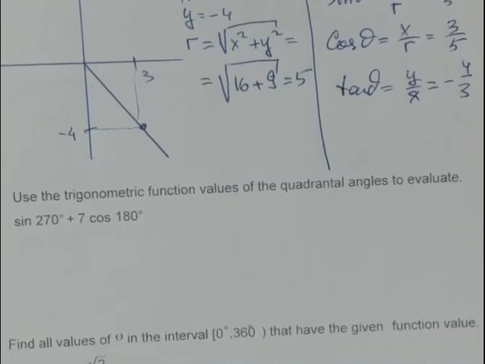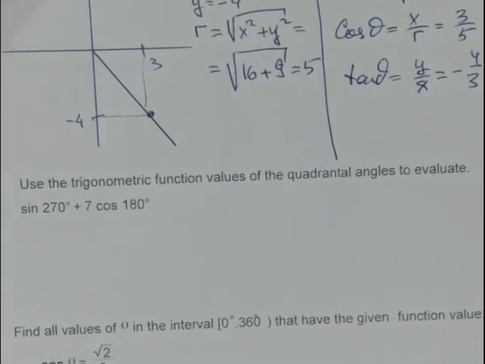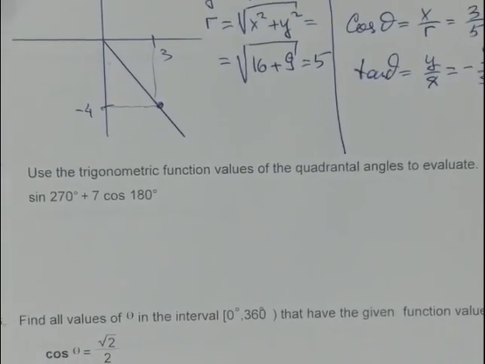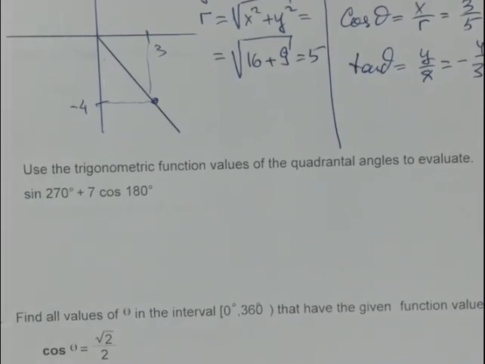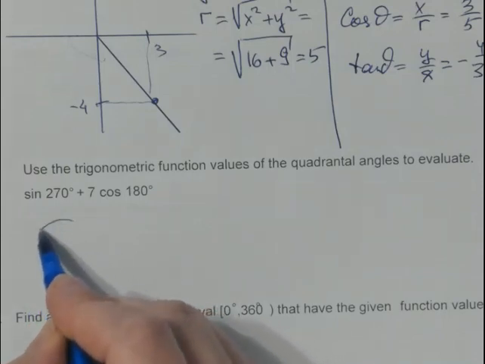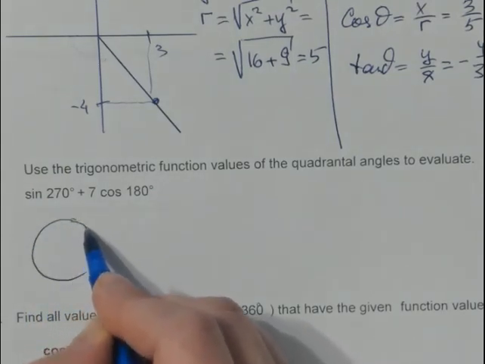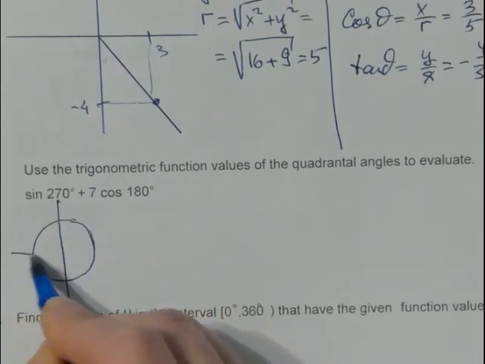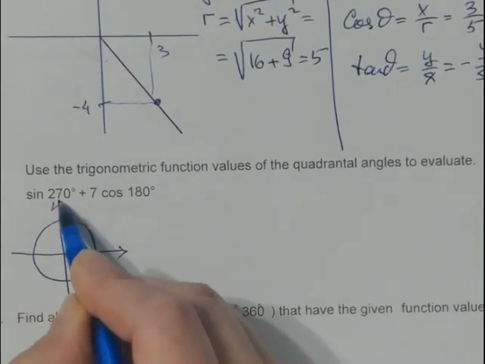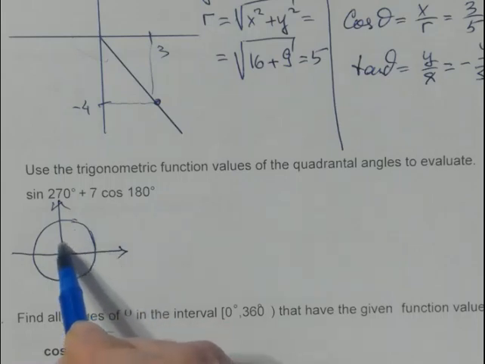Use trigonometric function values of the quadrantal angles to evaluate sine of 270 plus 7 cosine of 180. The unit circle is the best way to determine trigonometric function values for quadrantal angles. So just locate the quadrantal angles correctly. 270 is here.